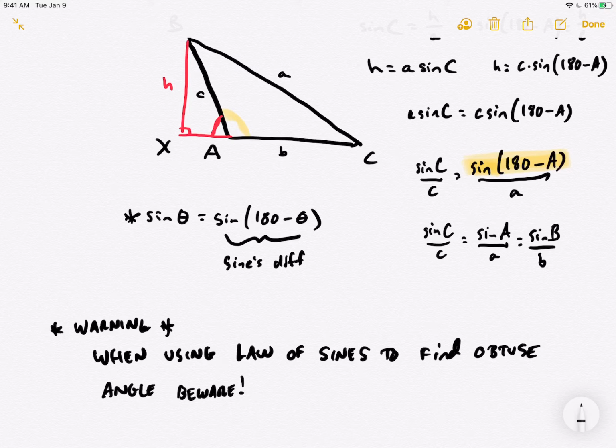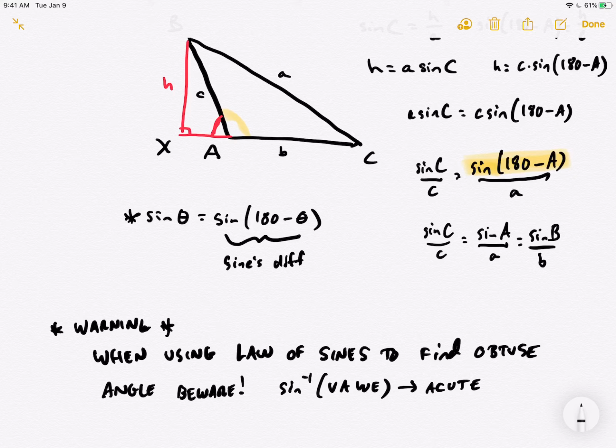And that's because sine inverse of any value that you put in will only return an acute angle. It'll only return the supplement if you're looking for the obtuse. So maybe you do sine inverse and you figure out that the angle's 60 degrees, but you know it should be obtuse.